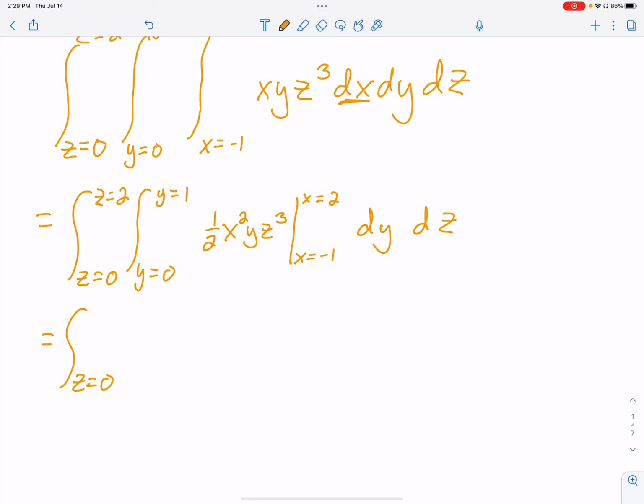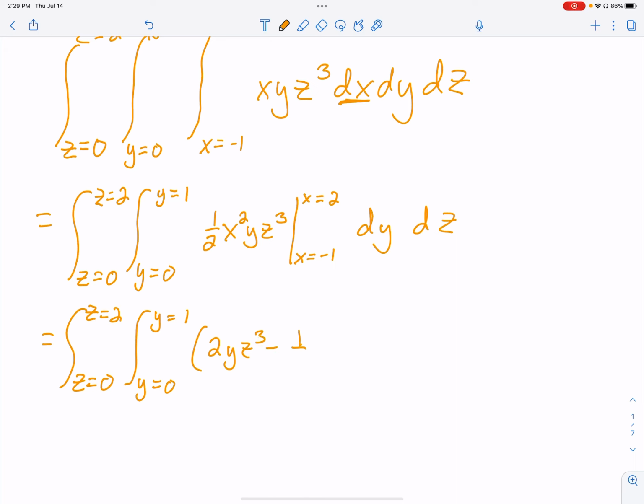Let's plug those in. I have z equals 0 to 2, y equals 0 to 1. Plugging my x's in, I plug in 2. We get 2 squared is 4, divided by 2, so I get 2yz to the third, minus, we plug in a -1.